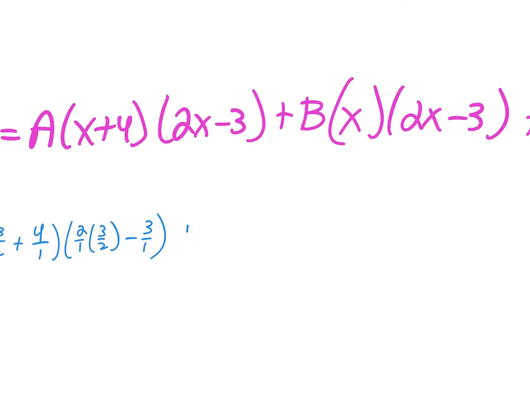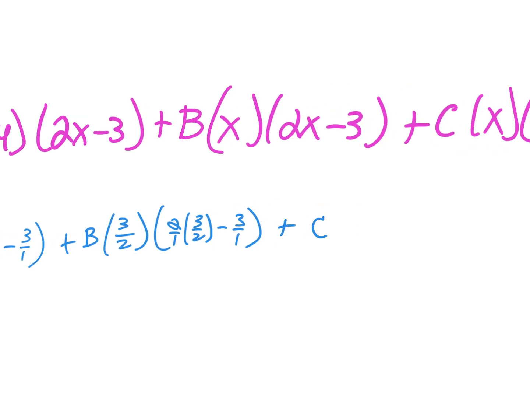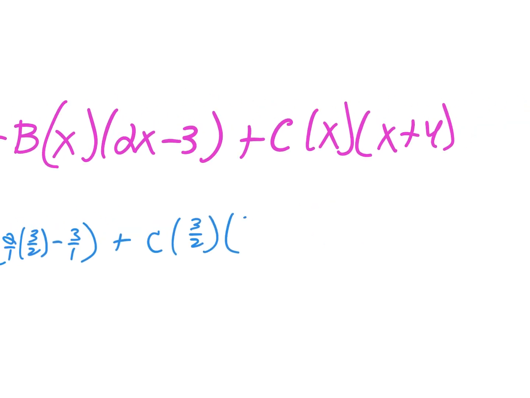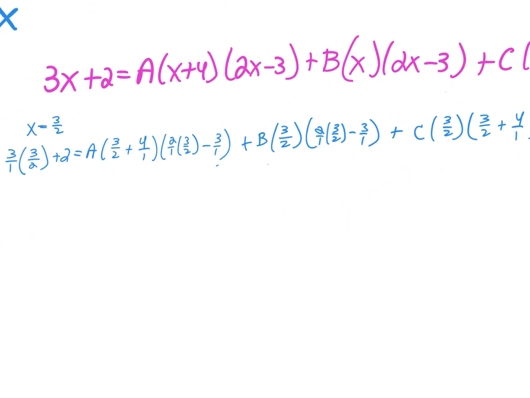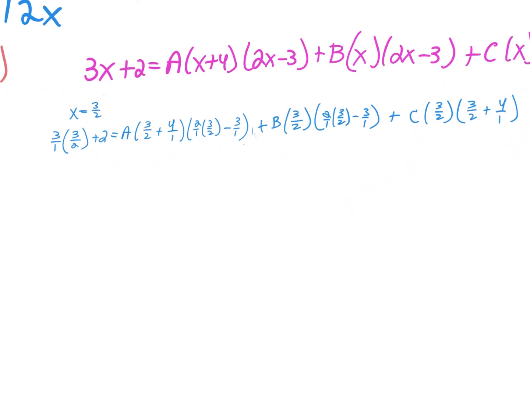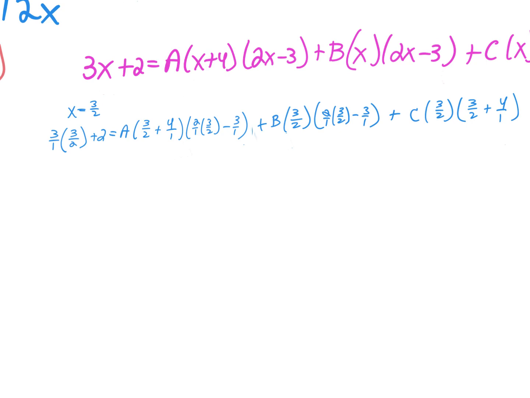Same thing, plus B. Again, we're using 3 over 2, so 3 over 2 times 2 over 1 times 3 over 2 minus 3 over 1. And then C is 3 over 2 times 3 over 2 plus 4 over 1. All right, everybody look at that. All we did was plug in 3 over 2 every single time we found an x.